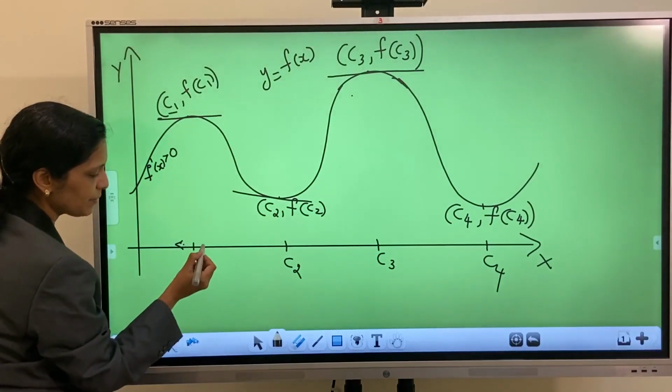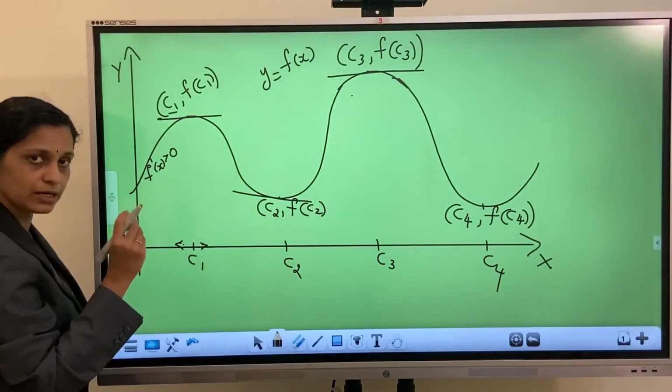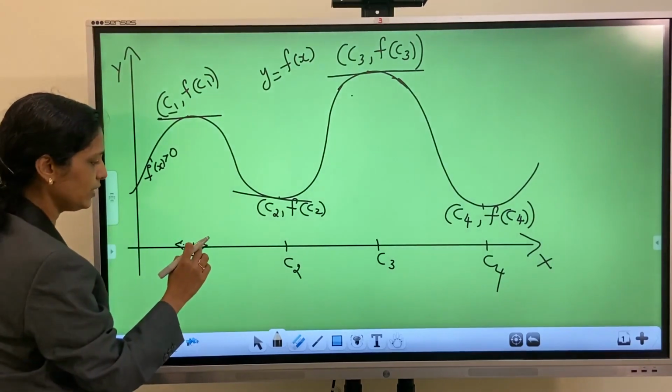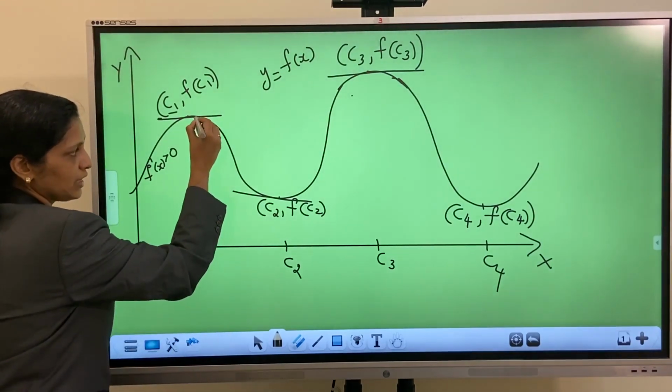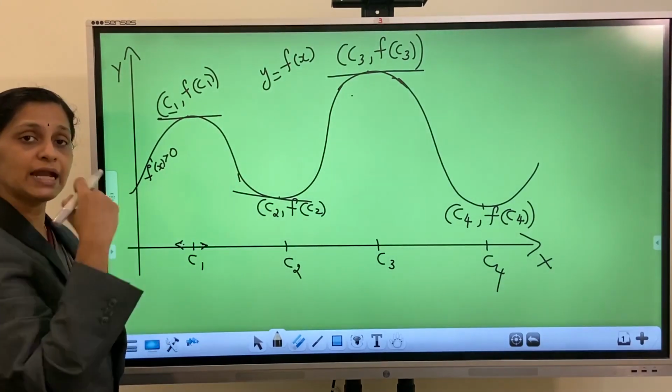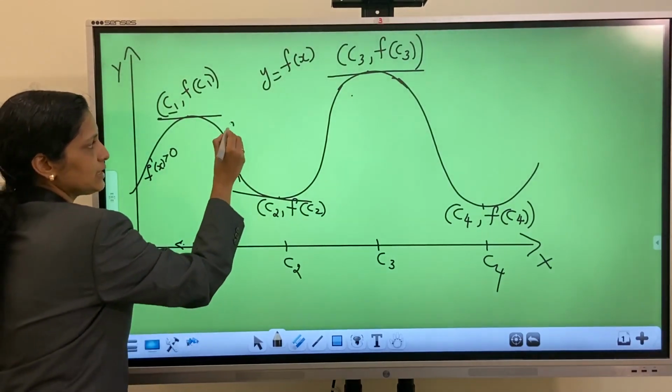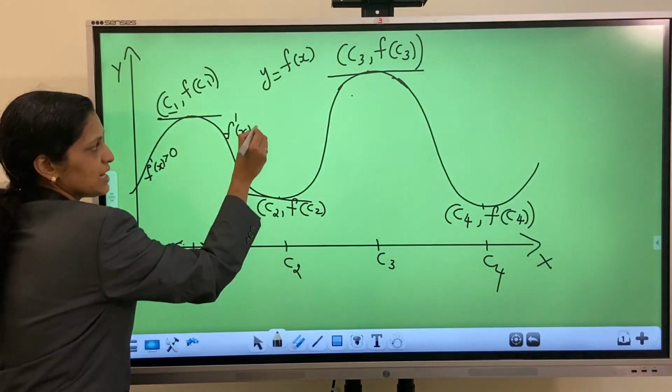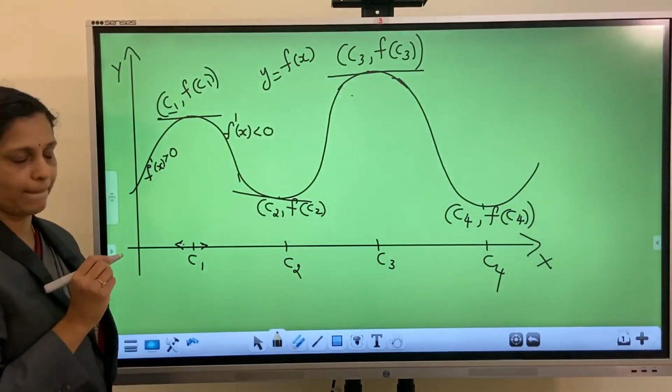But when you are taking a point slightly greater than C1, look at the shape of the graph. The graph is decreasing. Therefore, in terms of derivative, f dash x is less than 0.